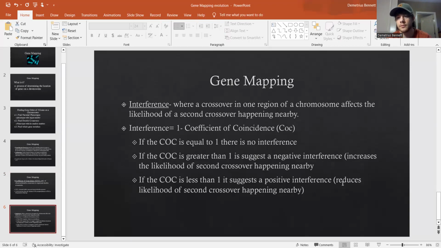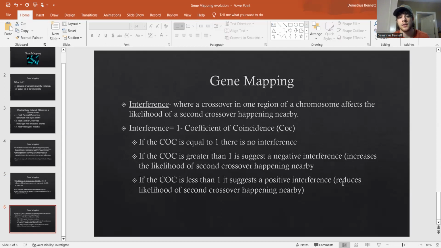So it's just 0.5. And so if the coefficient of coincidence is equal to 1, there's going to be no interference, right? Your interference is going to be 0. That's not happening in our case with our population here. If the coefficient of coincidence is greater than 1, it's a negative interference, and this increases the likelihood of the second crossover happening nearby.